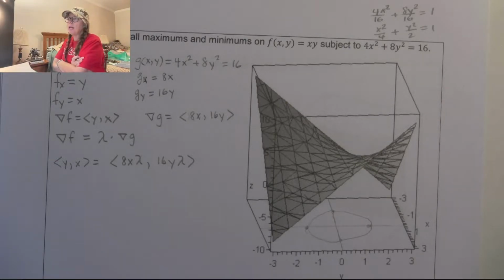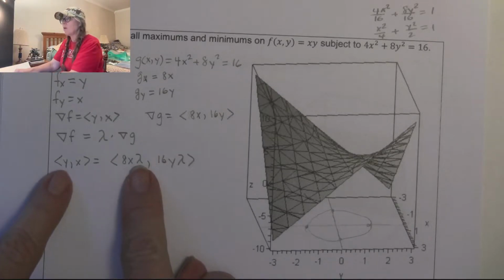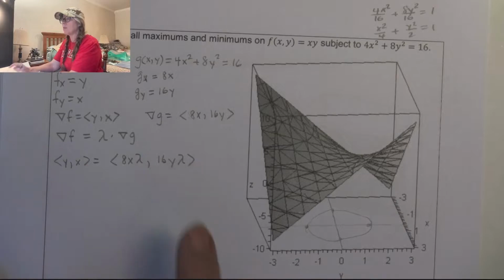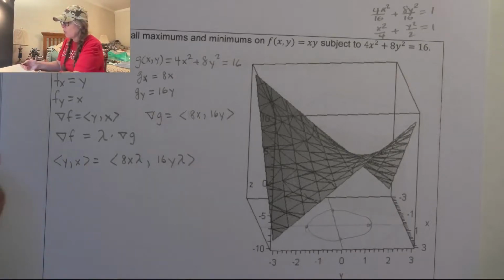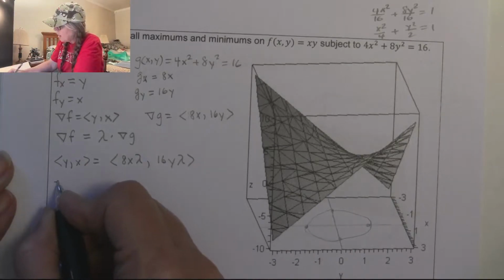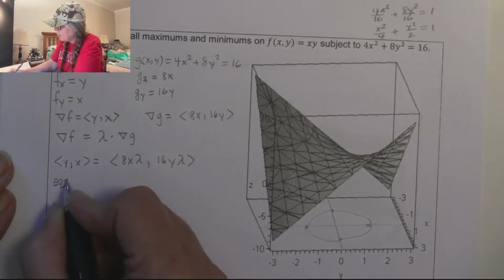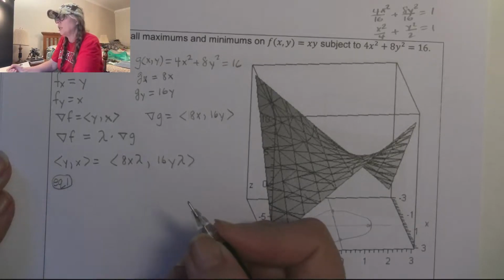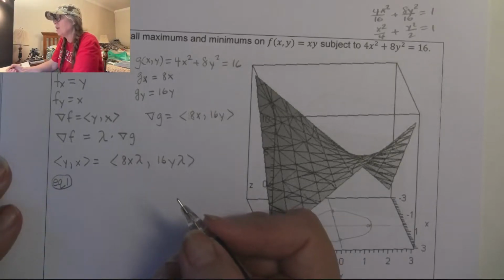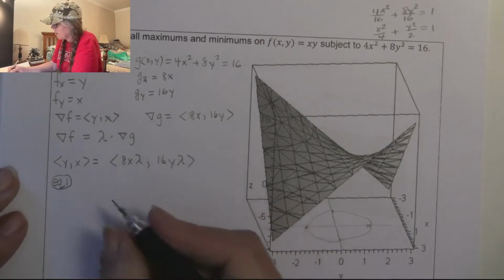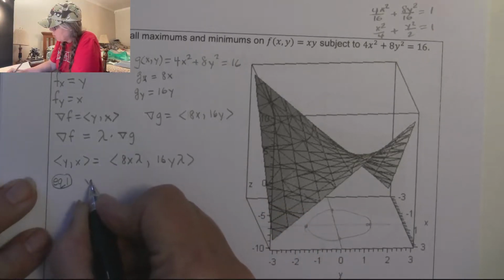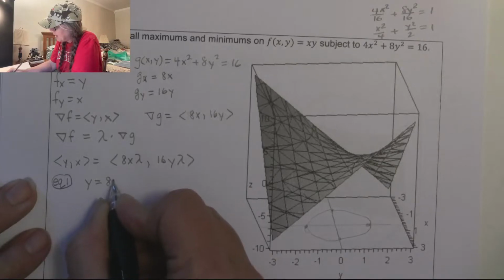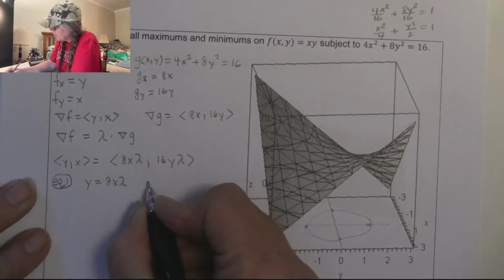And then by equating the components of my vector, the x components and the y components, I'm going to get some equations that I need to solve. In algebra, I call them equation 1, equation 2, equation 3. So I'm going to have y equals 8x lambda. That's equation 1.